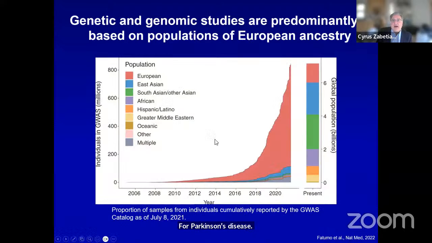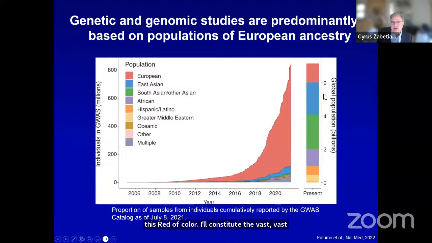The last thing I'll say on this topic is that all of the data that I showed was really based on people of European origin. This was a graphic that was published a few years ago that looked at the population of patients in GWAS studies of all different diseases, not just Parkinson's disease. You can see that people of European ancestry, in this red color, constitute the vast majority of patients in GWASs.